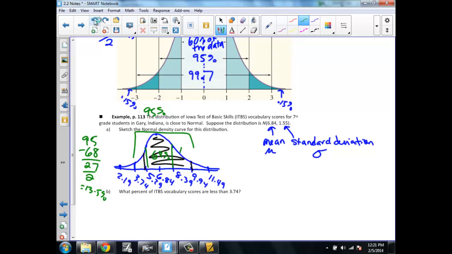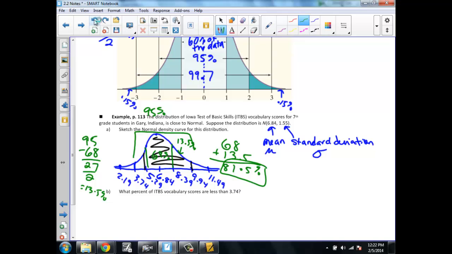So this part is 13.5%. So here's 68. You have 13.5 more, so 68, 13.5. We add them together. We get 81.5% of the data lies in between those two values.